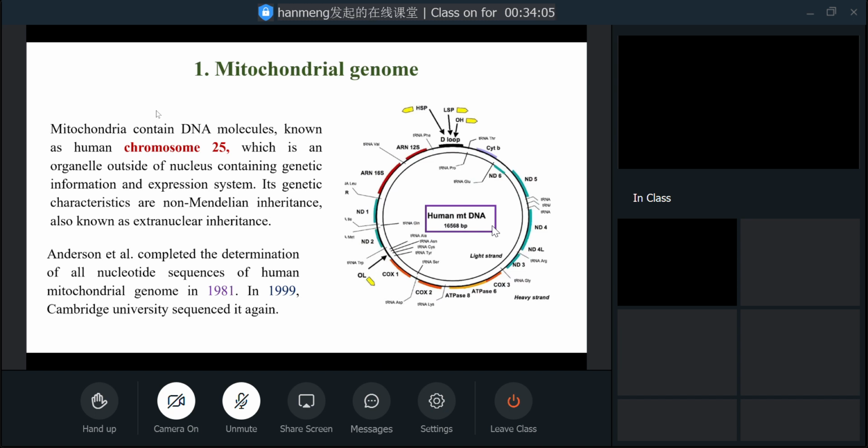Finally, they came to the conclusion that the human mitochondrial DNA has 16,568 base pairs. So here from our PPT, you can see the human mitochondrial DNA has 16,568 base pairs.